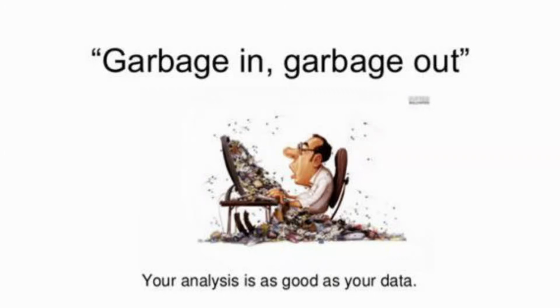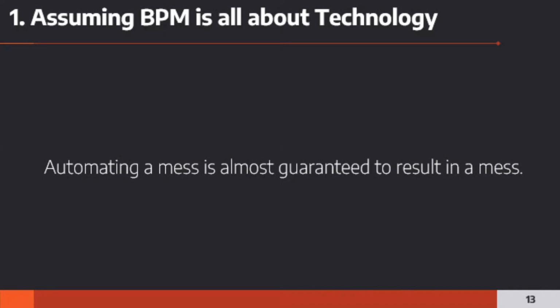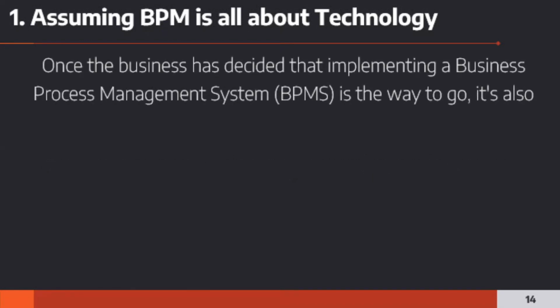So that's the whole idea of garbage in, garbage out. Same with the statement: when you automate a mess, it's almost guaranteed that it will result in a mess. So don't expect that you'll have a good BPM environment if you have not thought of it clearly. Do you understand? Okay. Continue.